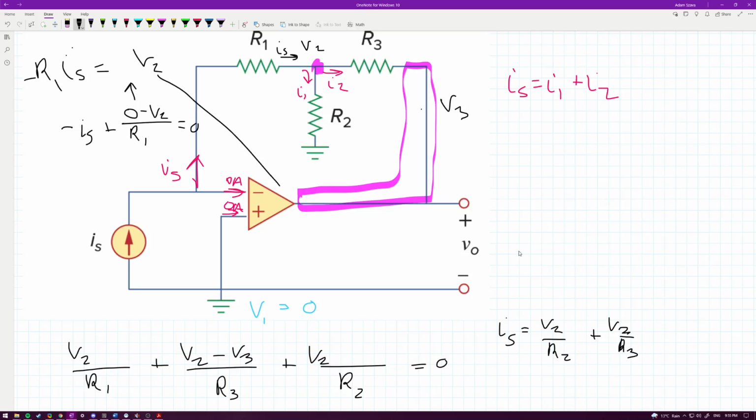Okay, so then we can take that equation and go to this. Yes, because V3 equals VO.